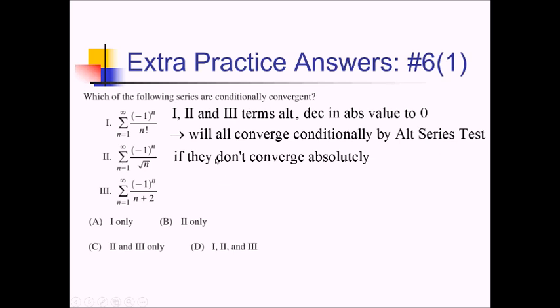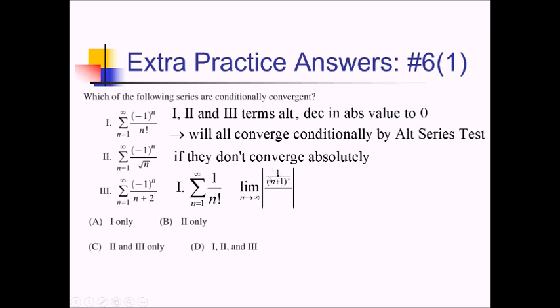So let's take them one at a time. Let's consider first the absolute value version of 1. There are a lot of ways to figure out the convergence of 1 over n factorial. Probably the most straightforward way is just to use the ratio test. It's a good test whenever you have factorials involved. So we're going to take the limit as n approaches infinity of the (n+1)th term over the nth term.